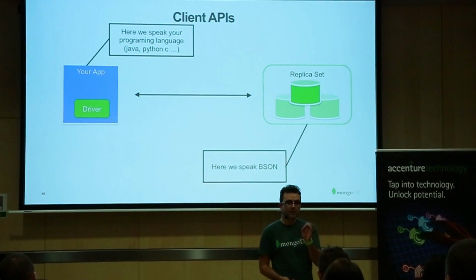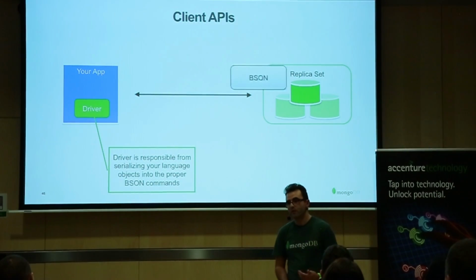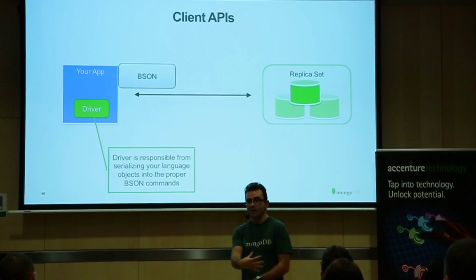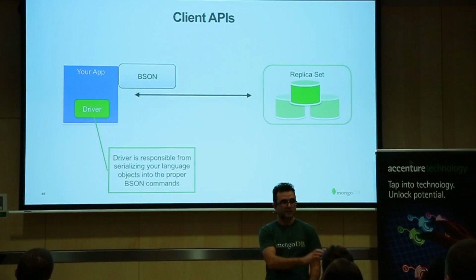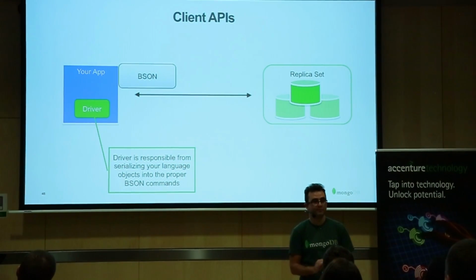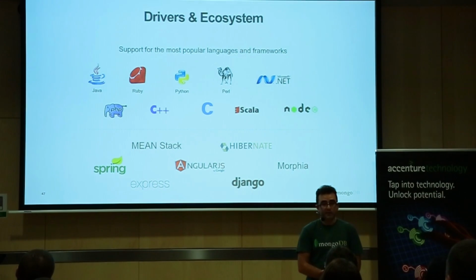So the only thing that the driver needs to do, and needs to do well, is serialize all your API requests to the system, put that in a nice BSON command, send it over, and deal with the response. That's all it needs to do. It's very simple.